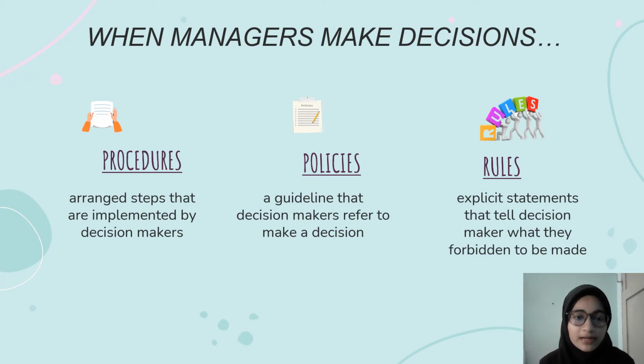Moving on to the next slide, when managers make decisions, there are three things that they really emphasize. The first one is procedures, the second one is policies, and the third one is rules. Managers tend to make decisions by falling back on procedures, policies, and rules. Procedures can be defined as arranged steps that are implemented by decision makers to solve structured problems.